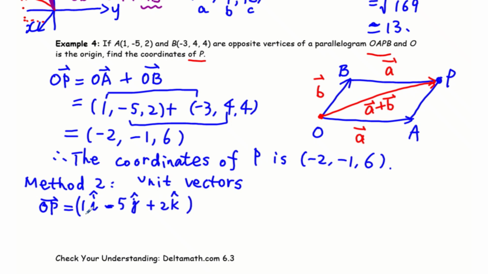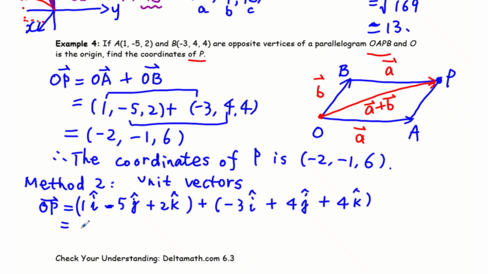This is for our first, OA. Then for OB, it's just -3i plus 4j, and z direction 4k.